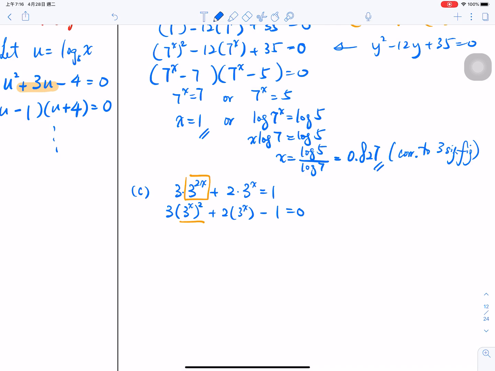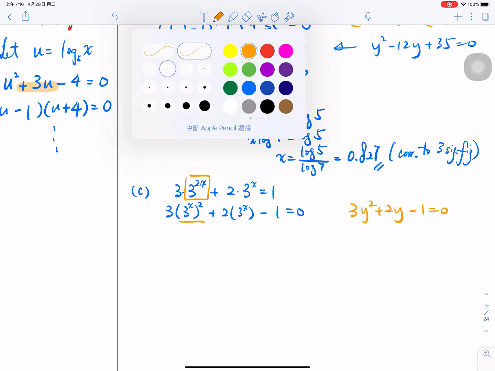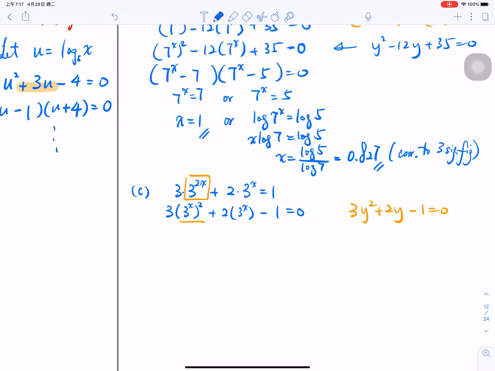Have a look. Is it 3y squared plus 2y minus 1 equals 0? Yes, you can think like this. Can you factorize? 3y and y, plus 1 here, minus 1 here.